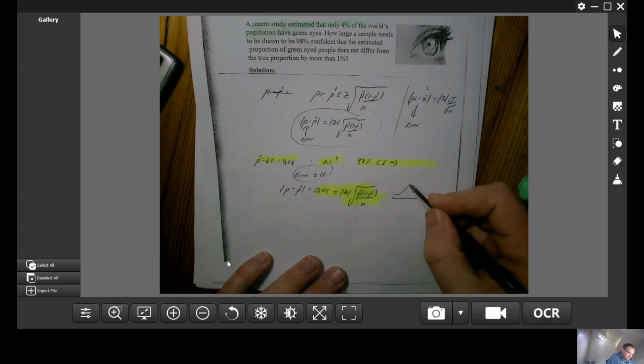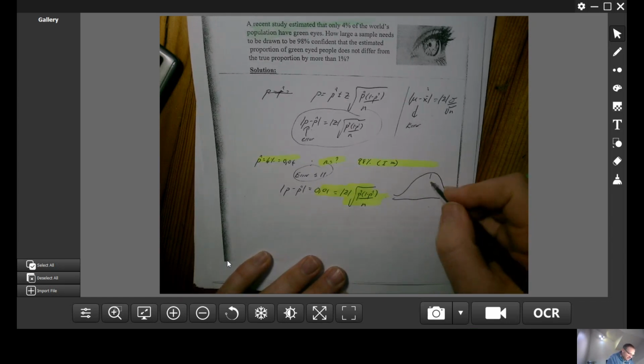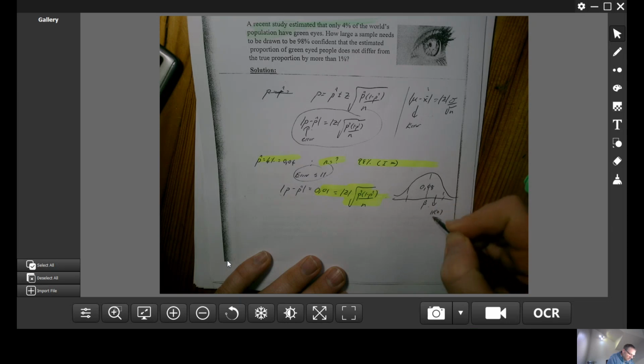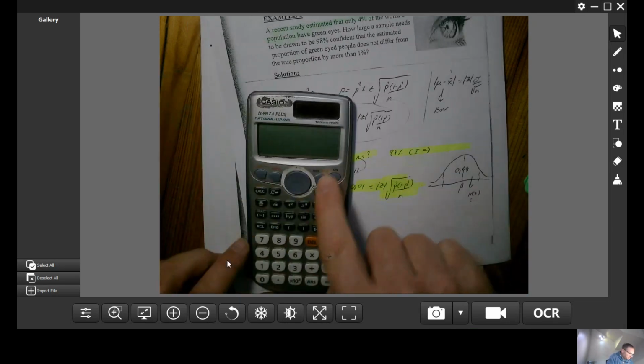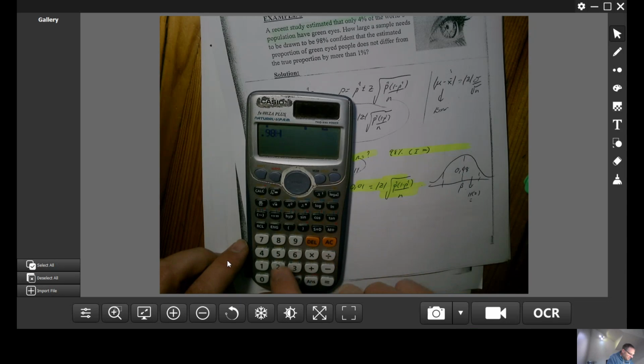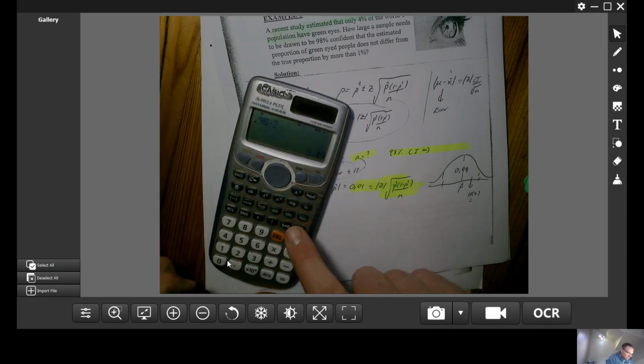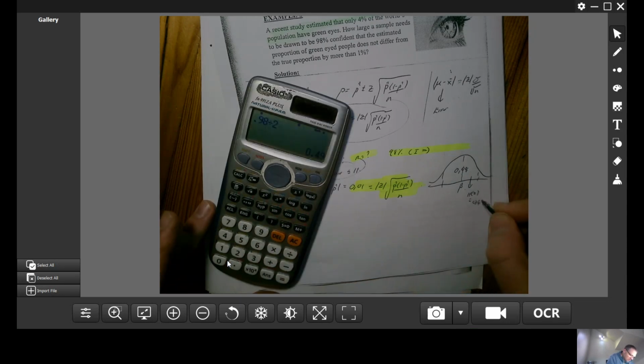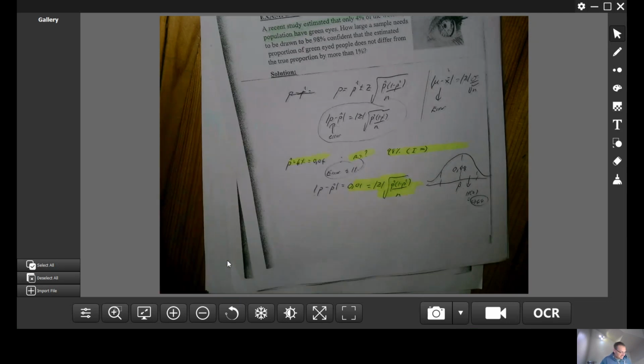So if you've got a 98% confidence interval, okay, so here's P hat. If that's 0.98, then your area for the Z score is 0.98 divided by 2, which is 0.49. Sorry, I'm very tired. I'm not doing much mental math.